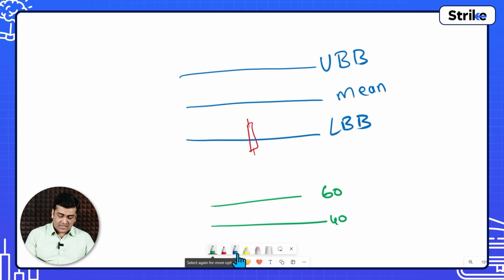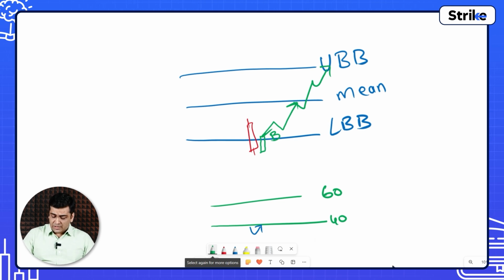So if RSI is below 40 and is bouncing back, and at the same time prices are also bouncing back and have crossed above the lower Bollinger Band, when both these conditions are true, this is where we will try to buy the stock and expect prices to reach the median line. Alright, so that can be our first target. The upper Bollinger Band can be our second target. Is that understood? So what are the settings needed?